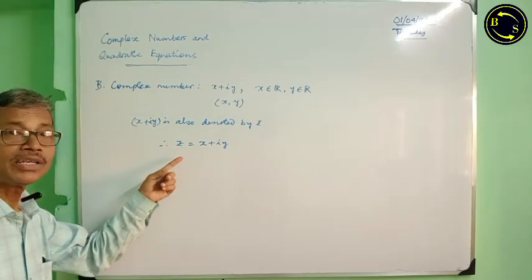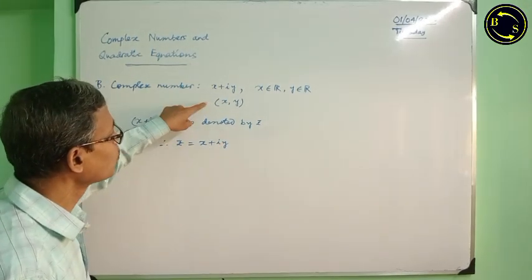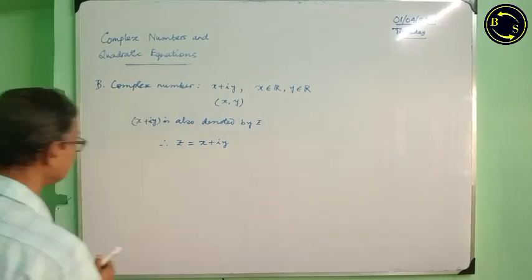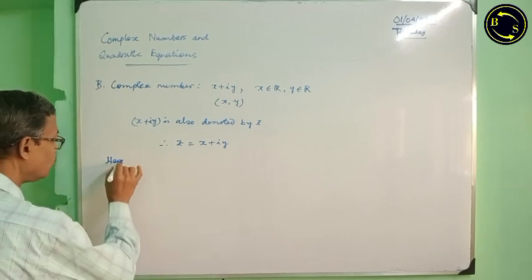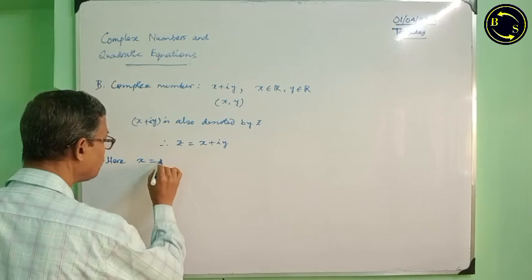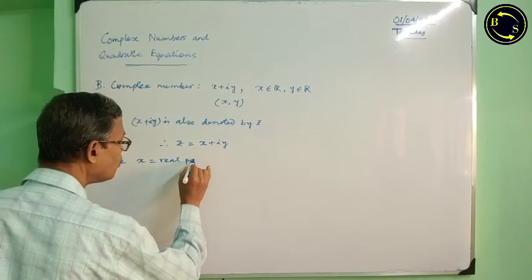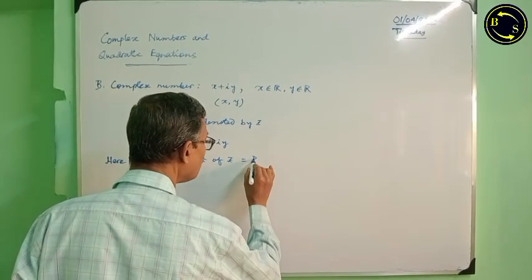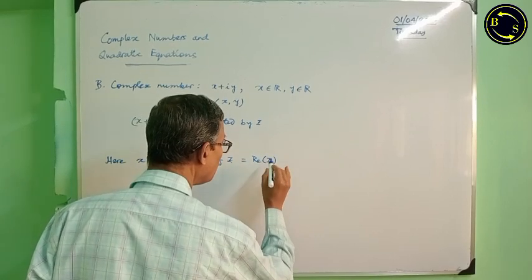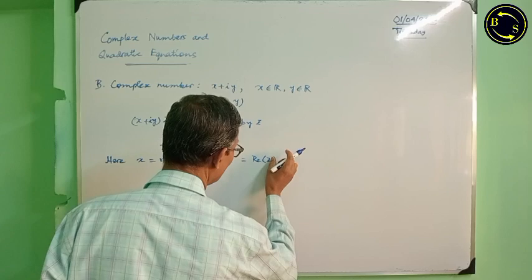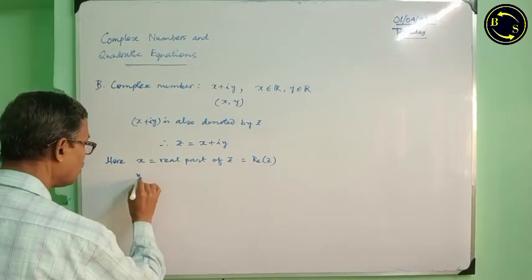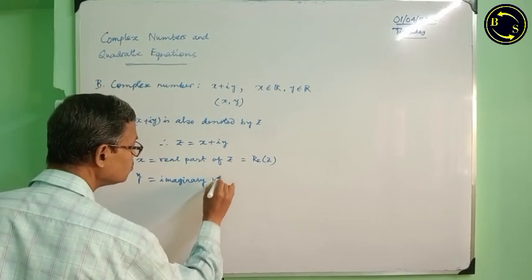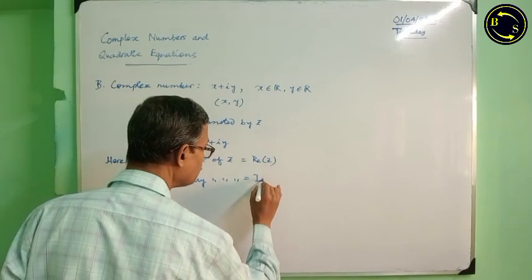Therefore, a complex number is expressed by x plus iy or the ordered pair (x, y), and it is denoted by z. x is the real part, which is denoted by the symbol Re(z). y is the imaginary part, denoted by the symbol Im(z).